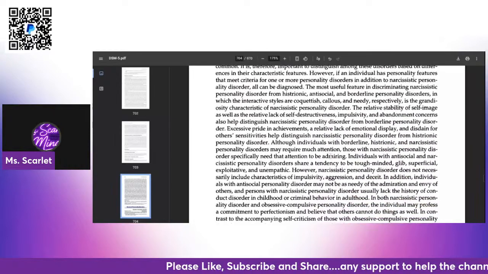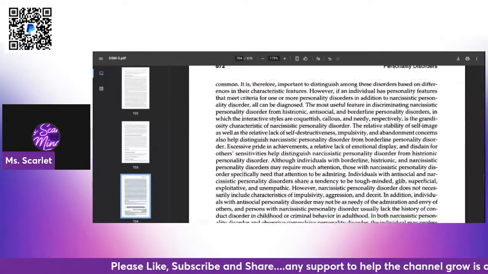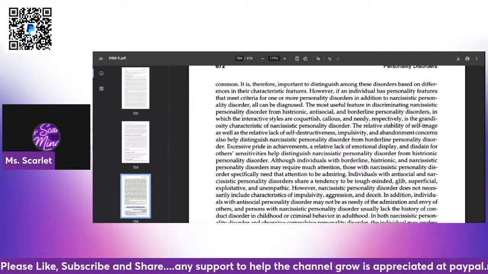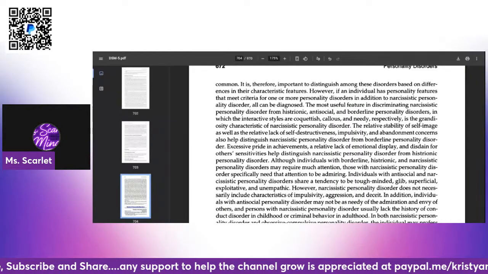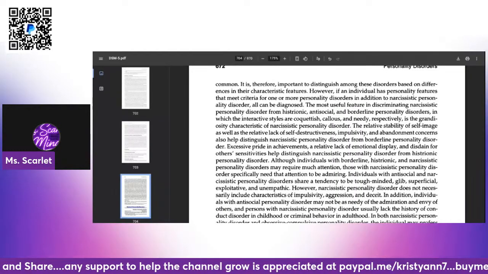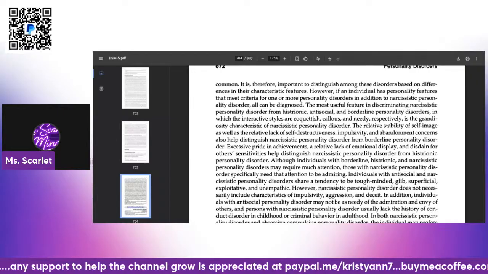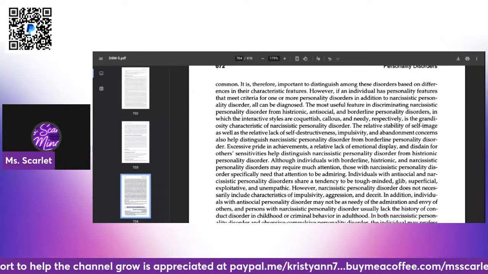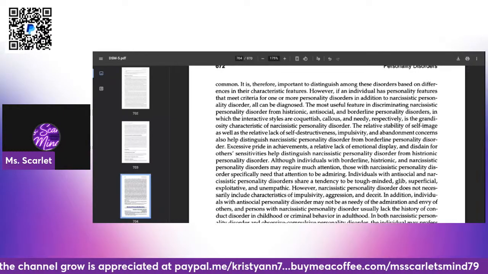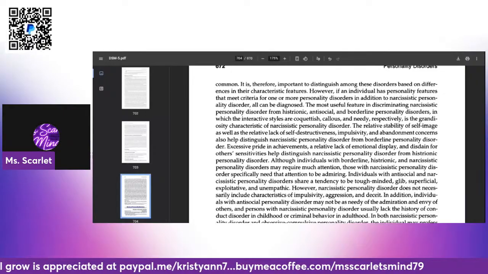It is therefore important to distinguish among these disorders based on differences in the characteristic features. However, if an individual has personality features that meet criteria for one or more personality disorders in addition to narcissistic personality disorder, all can be diagnosed.